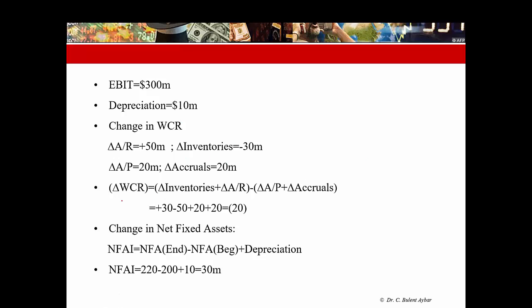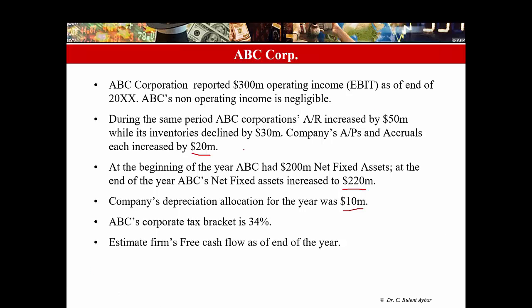So if we take the change in the working capital requirement, we will start with the change in inventories, which increased by 30 million. Just double check. Inventories actually declined by 30 million.